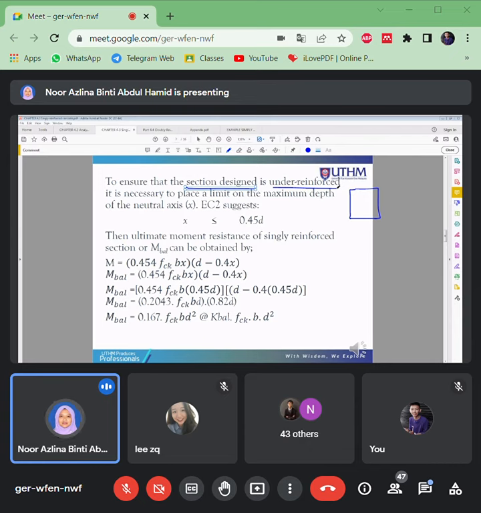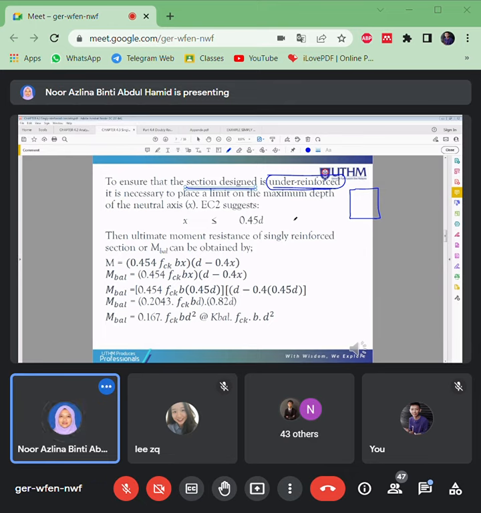Because concrete is a very brittle material. We don't want concrete to fail first. We still want to achieve the yield strength first. Then barulah boleh concrete tu pula achieve dia punya limit. So that's why we have to design based on under reinforced.